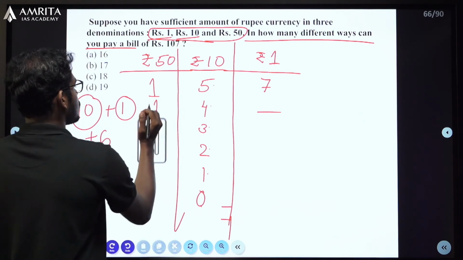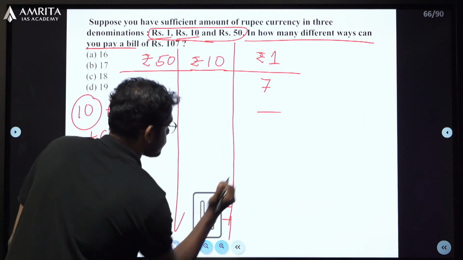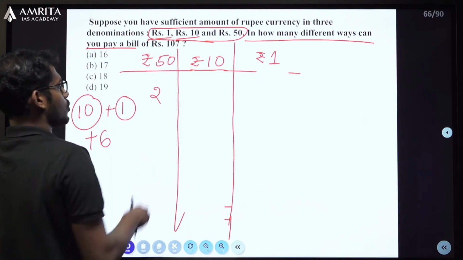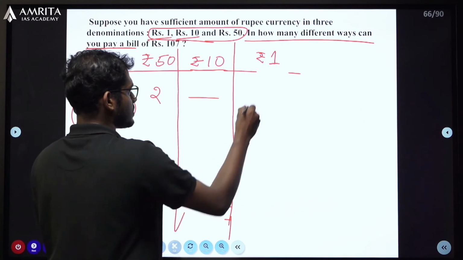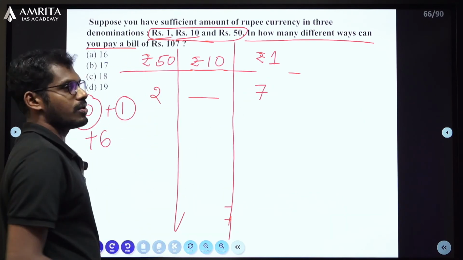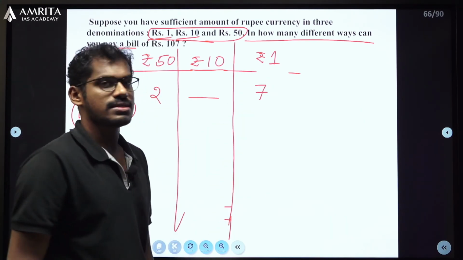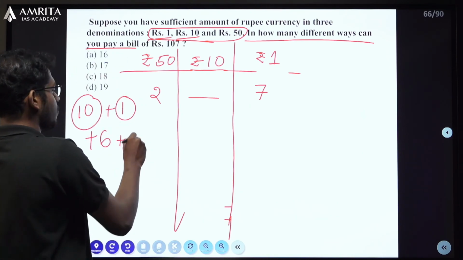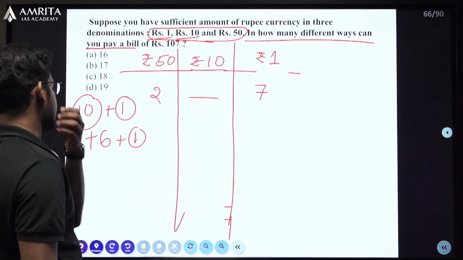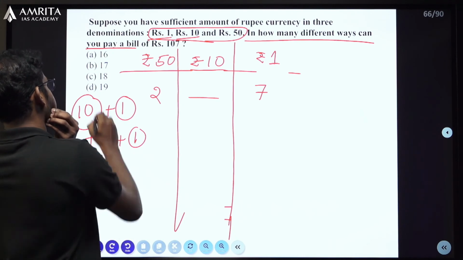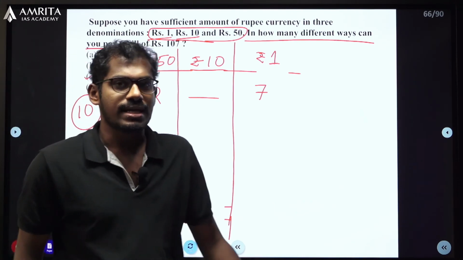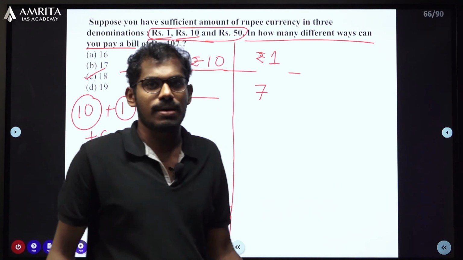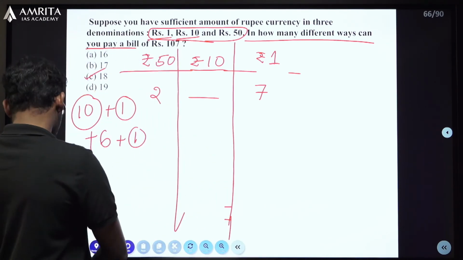Clear? Also we can use 2 50 rupees and no 10 rupees and 7 1 rupees. 2 into 50, 100, 100 plus 7 is 107. So additional one possibility. So 10 plus 6, 16, 16 plus 1, 17, 17 plus 1, 18. So total there are 18 possibilities in which we can pay the bill of 107 rupees. Clear? Next question.